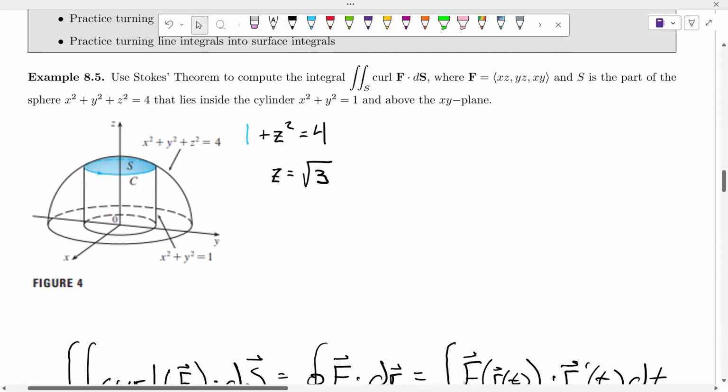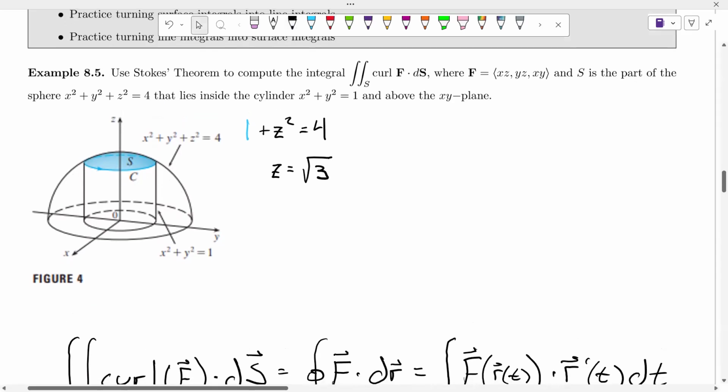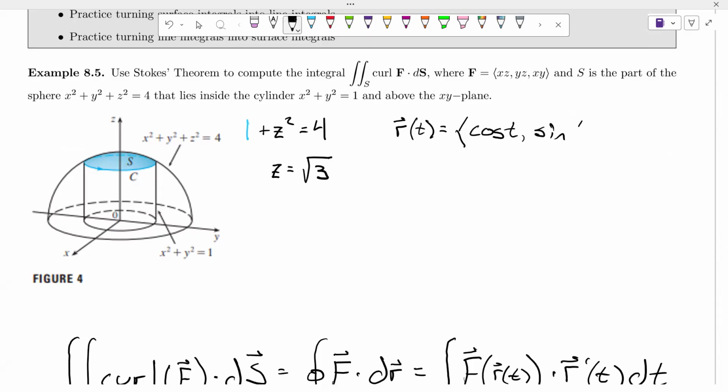Then let's go parameterize that curve. It's a circle, right? I'm going around my surface, which is just a part of the sphere intersected with that cylinder. So I think a good parameterization for us to use is r of t equals our pretty standard choices for a circle: cosine t for x, sine t for y, and the square root of 3 for z, because we just solved that part.